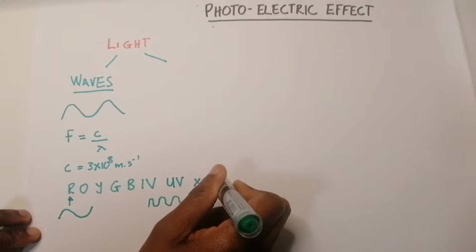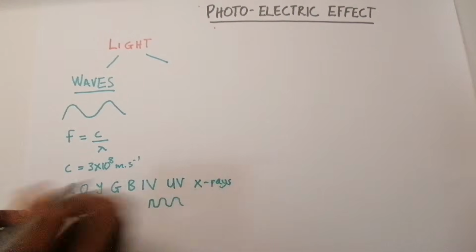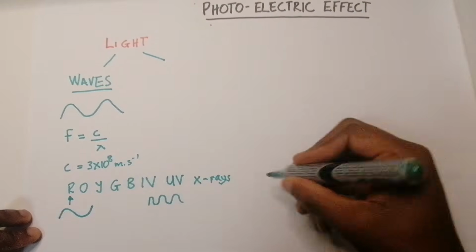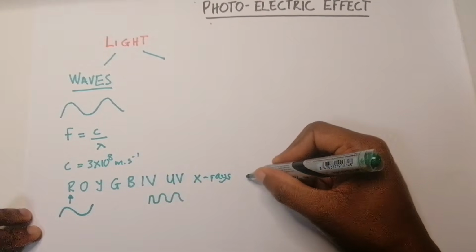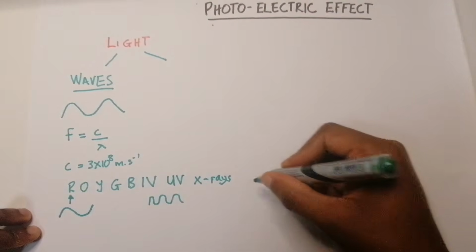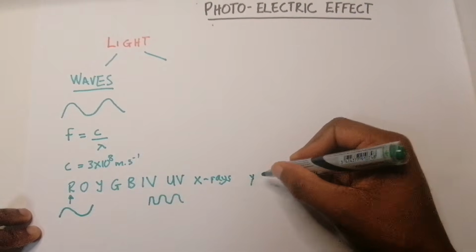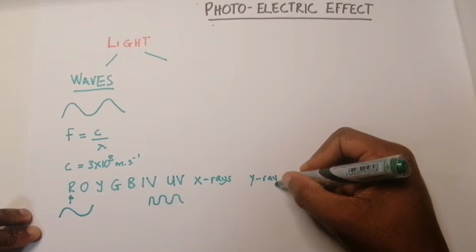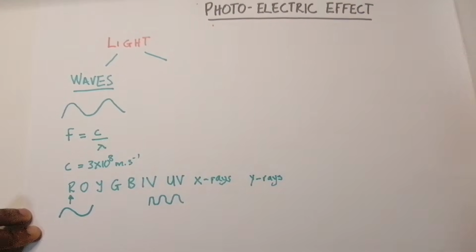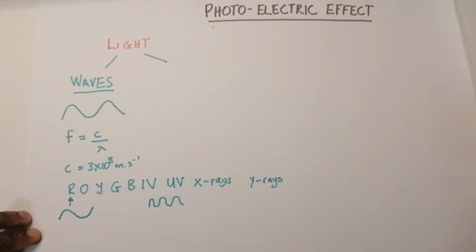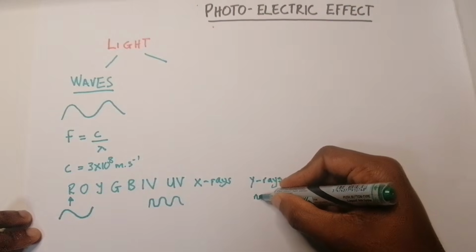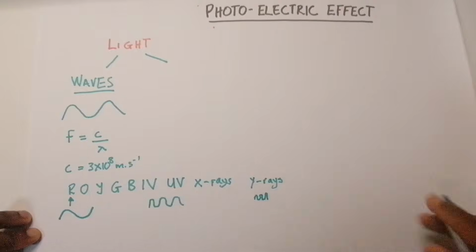The further we go to that side, with the last being the gamma rays, which are the most dangerous form of radiation, this would obviously have the highest frequency.